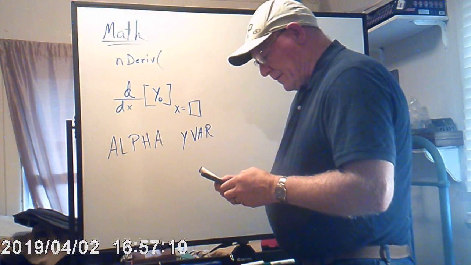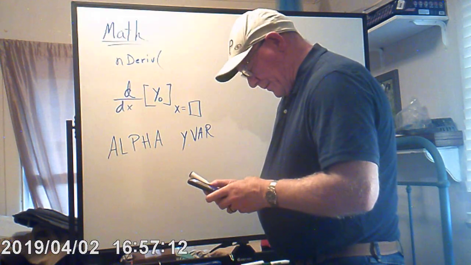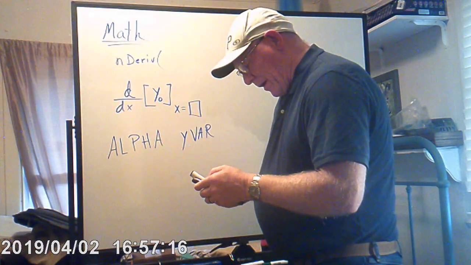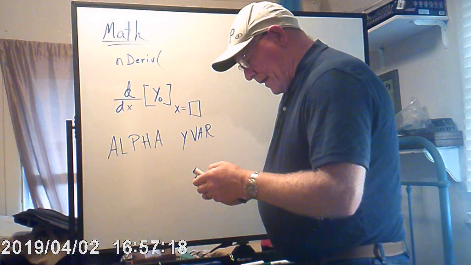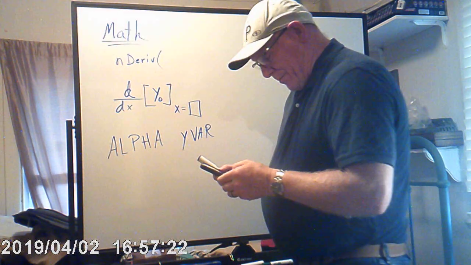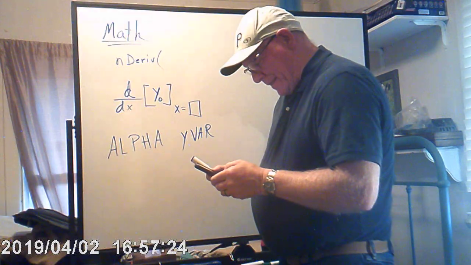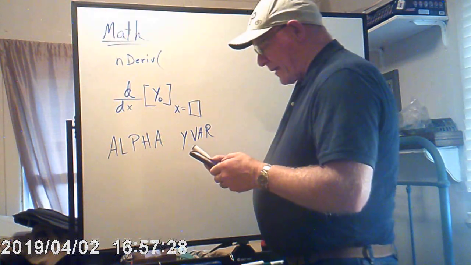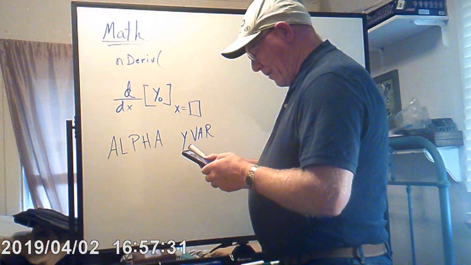Okay, something is not working properly here. Let me see. I had this working perfectly when I first did this. Y equals, oh, it took it out completely. That's why it's not in there.